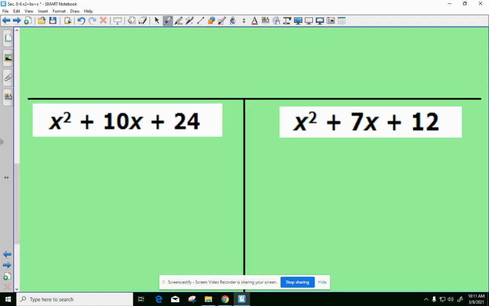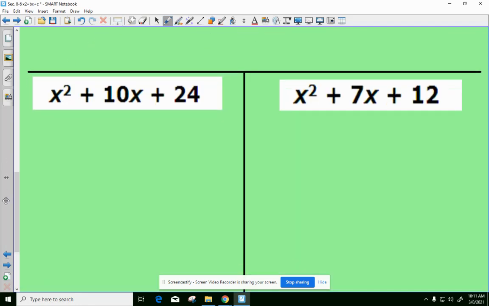Okay. All right. What about these two? On the left-hand side, what's the question you're going to ask yourself? On this one over here, on the left. What is the question you're going to ask yourself? Good. Can you find me something that multiplies to 24 and adds to 10?